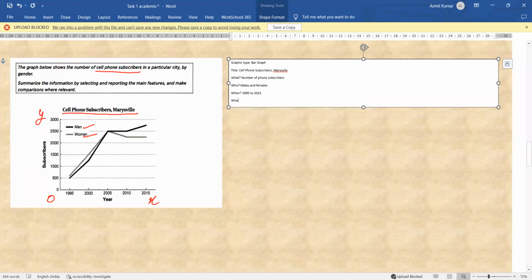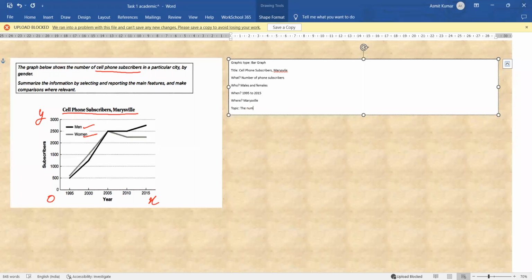Now where? Now we have to write the name of the place whose data is given here. So Marriage Village, with a double L, sorry. Here it is. So where, we have also answered. Now, what is the topic here? The topic would be, just write the same.